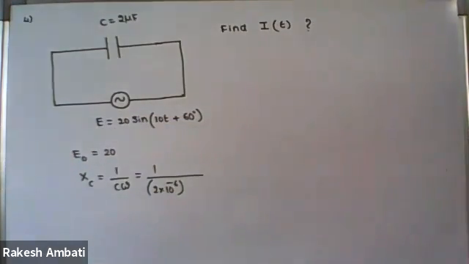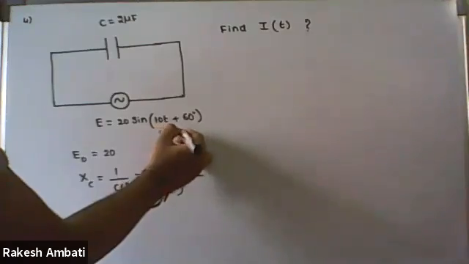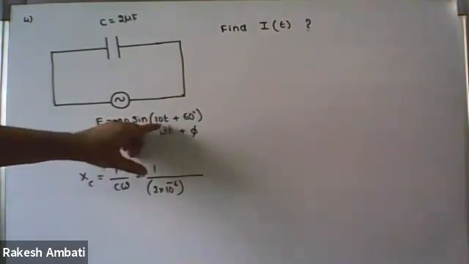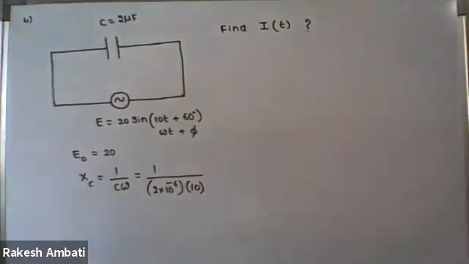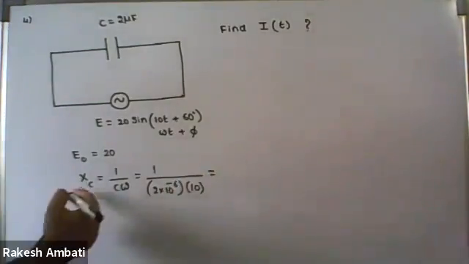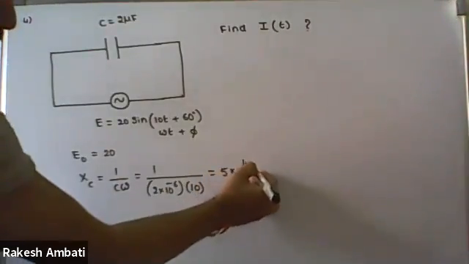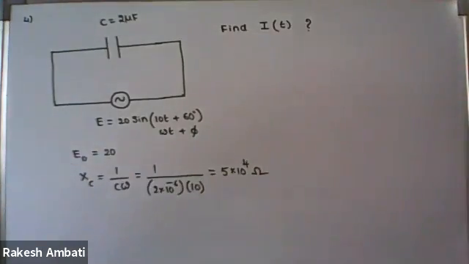So what is the omega value here? 10. So the omega value is 10. By simplifying, we get the XC value as 5 into 10 power 4 ohm.